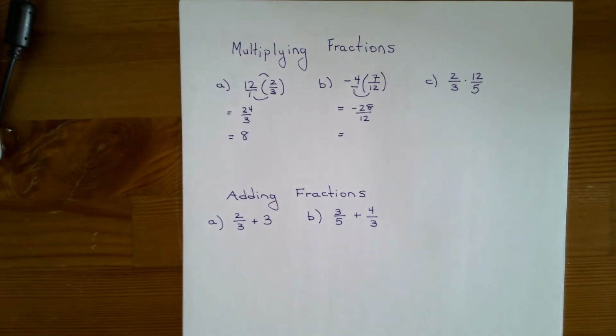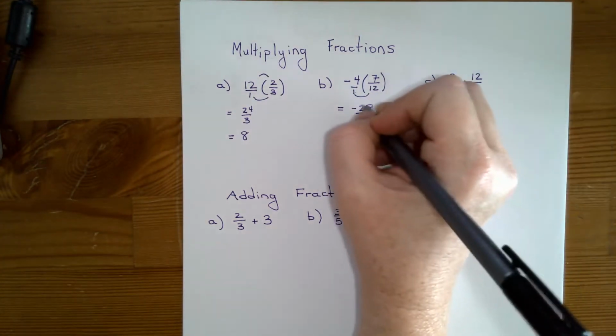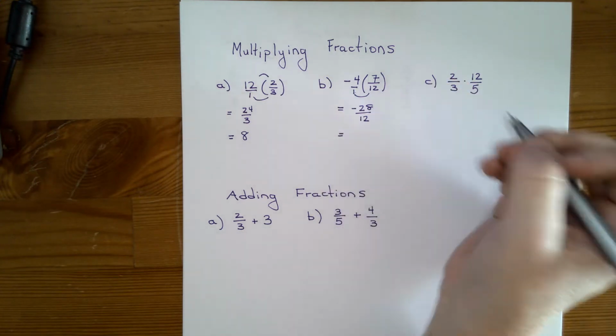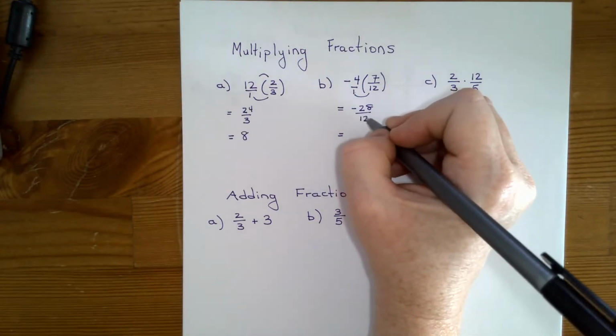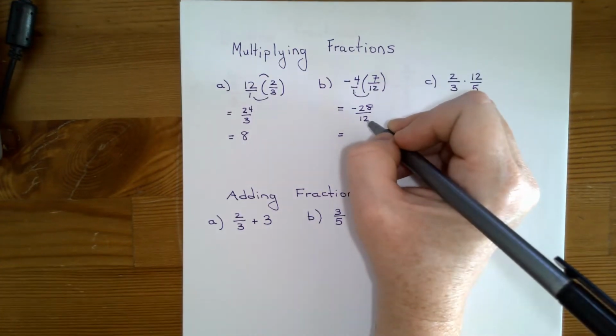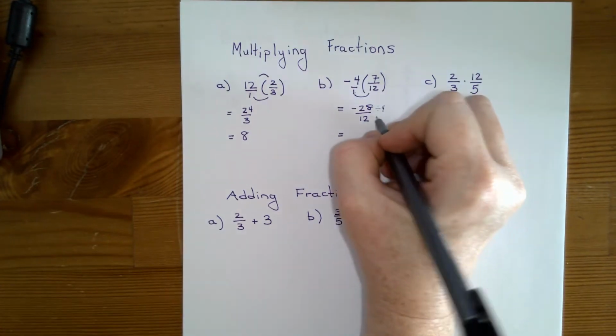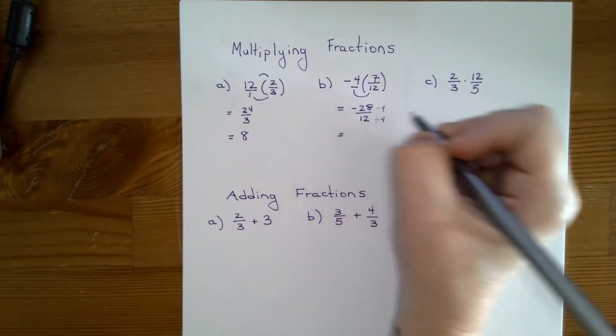So I know that negative 28 is 4 times 7, but I also know that 12 is also divisible by 4. So 28 is divisible by 4 and 12 is divisible by 4. So I'm actually going to divide them both by 4 to get those lowest common terms, okay?